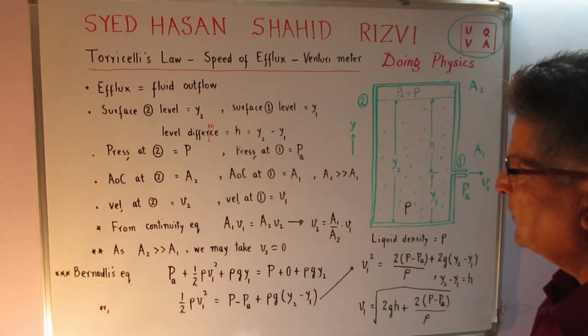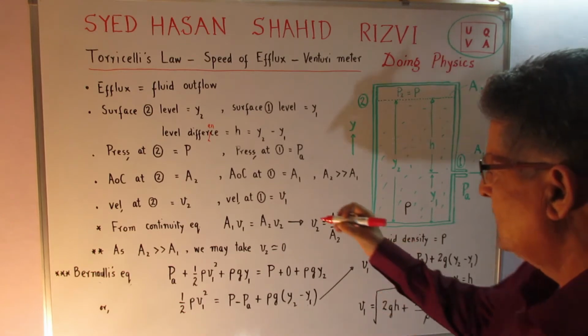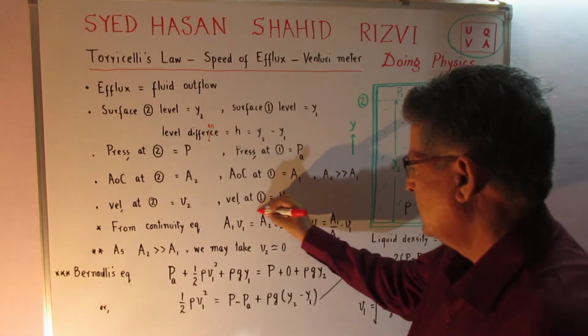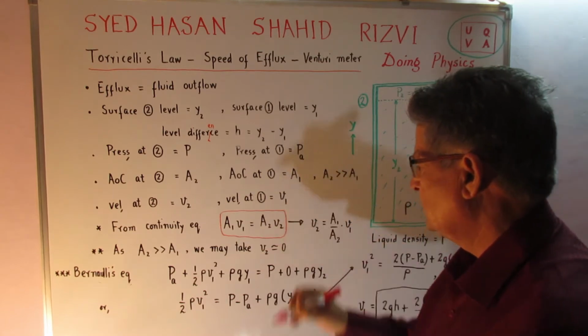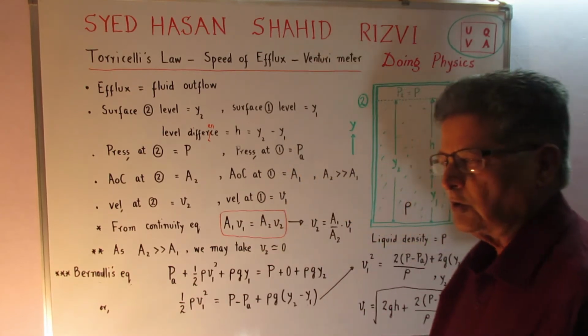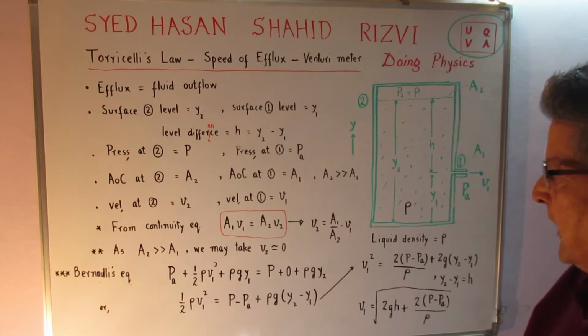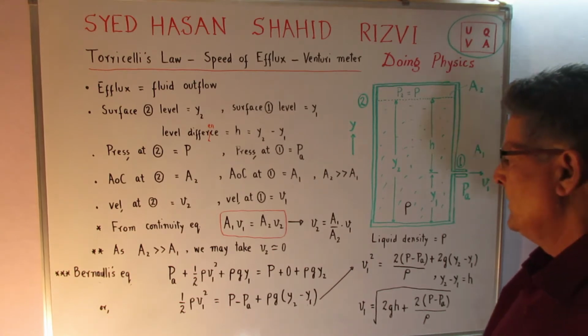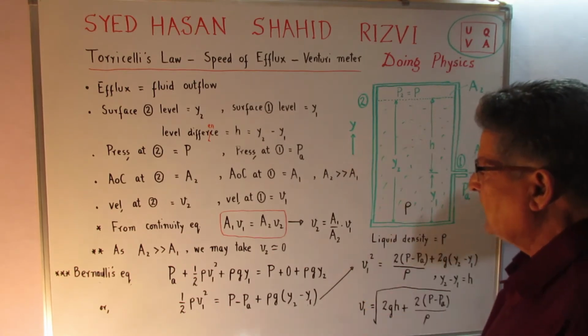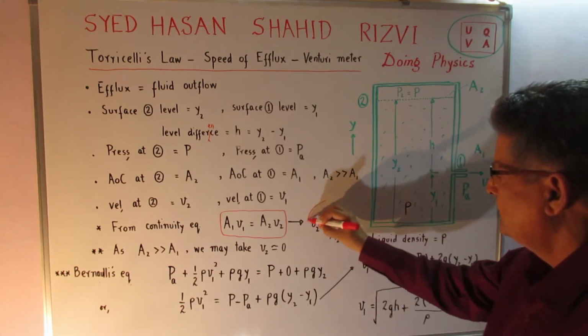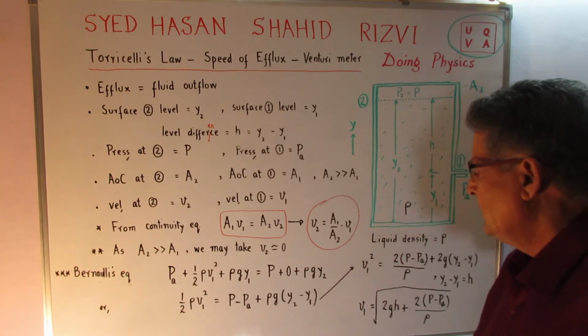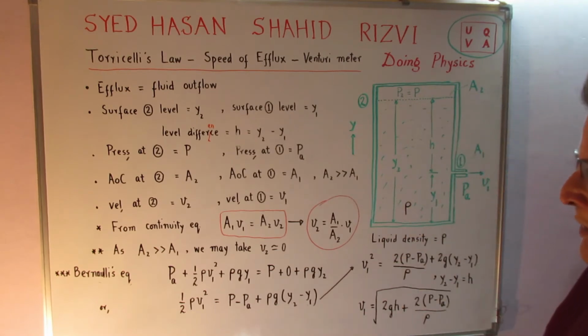Now we write the continuity equation, and the continuity equation is A1 V1 is equal to A2 V2 is equal to AN VN is equal to AV is equal to constant. So from this equation I can calculate the velocity V2 over here as A1 divided by A2 multiplied by V1.